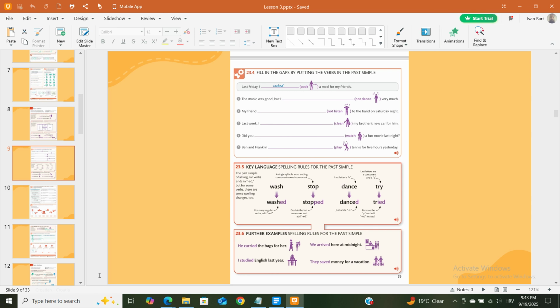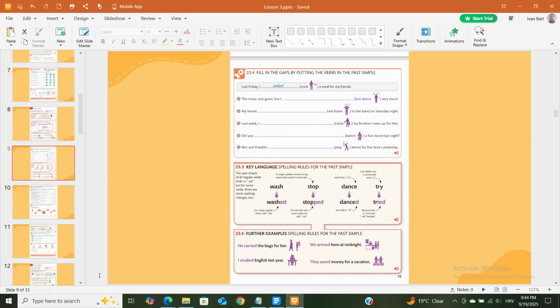For most regular verbs, add ed: wash, washed. For a single-syllable word ending in consonant, vowel, consonant, double the last consonant and add ed: stop, stopped. If the last letter is e, just add a d: dance, danced. If the last letters are a consonant and a y, remove the y and add ied instead: try, tried.